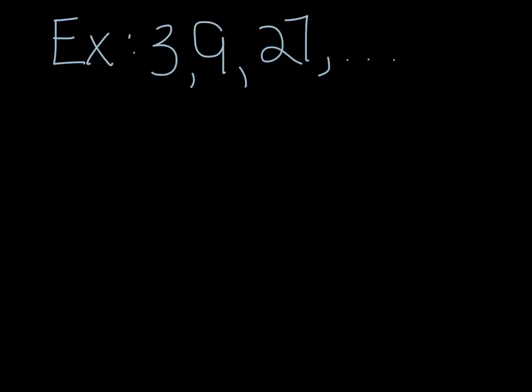So if this is our first example and the sequence is 3, 9, 27, we have to figure out what is being multiplied or what the ratio is between terms. So between 3 and 9, I could multiply by 3, and I can also multiply 9 times 3 to get 27.